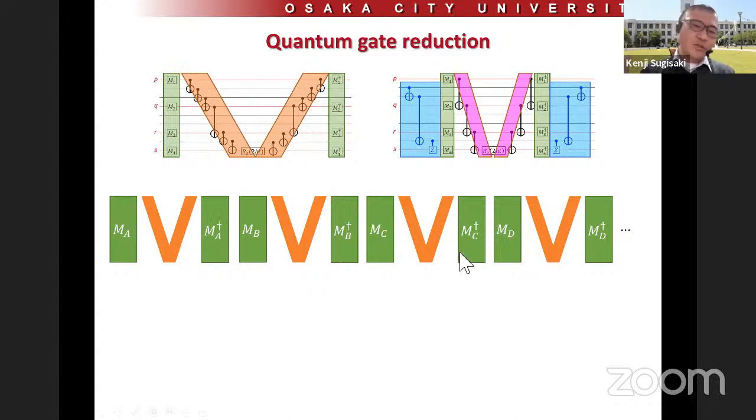And actually, for two electron excitation operators, we have 8 sets of this kind of operator gate quantum circuit. So we need M_A dagger, this kind of single gate, M_A, M_B dagger, single gate, M_B, M_C dagger, single gate, M_C, and M_D dagger, single gate, M_D, and M_E dagger, single gate, M_E, and so on.